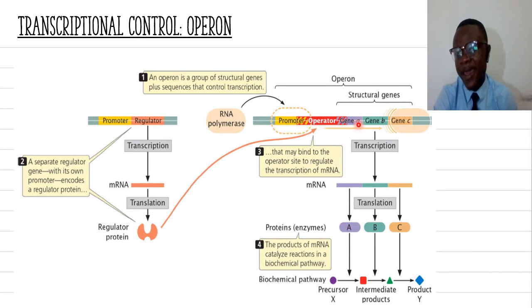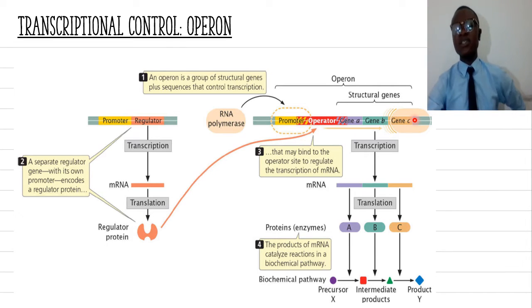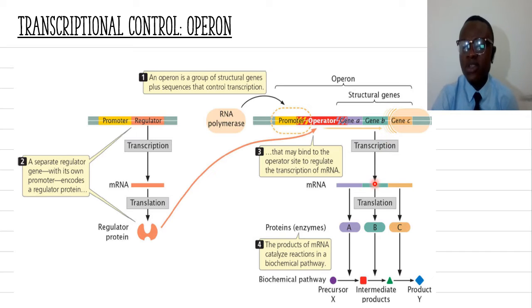Next, you have gene A, B, and C. These are the structural genes. These genes code for proteins or enzymes that are important in different metabolic pathways. Once the RNA polymerase binds to the promoter and the environment is feasible for the transcription of these genes, you have the genes being transcribed into an mRNA.